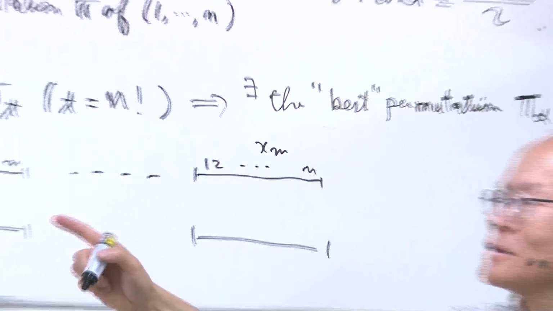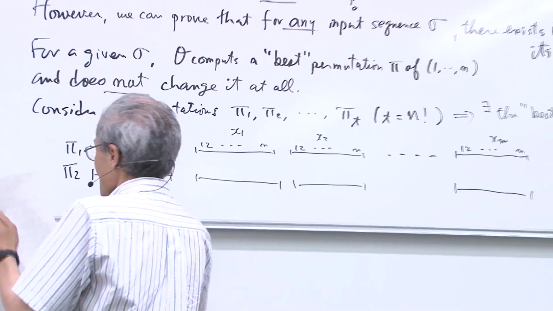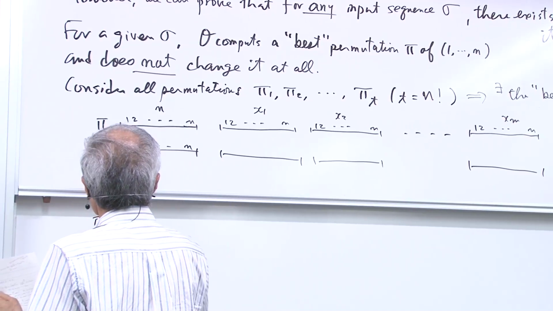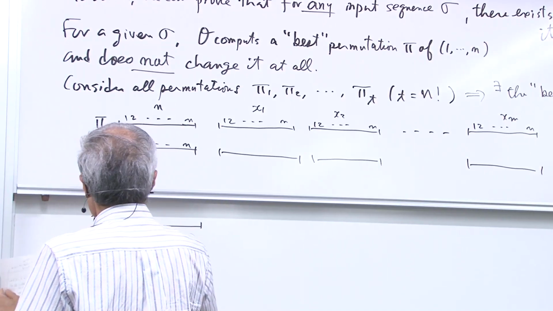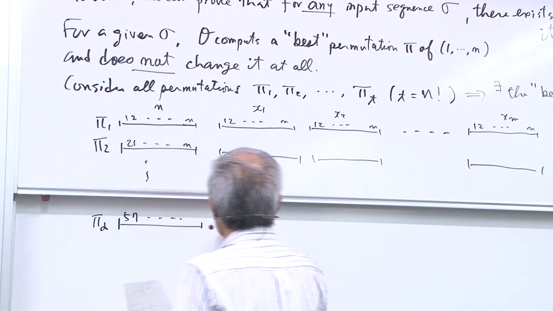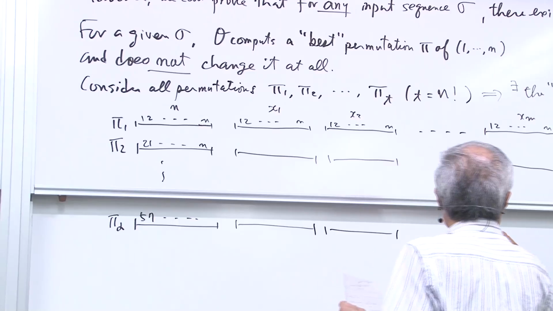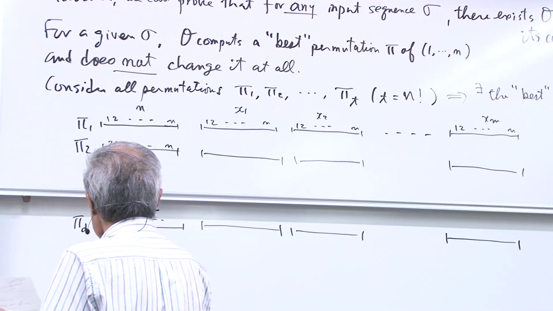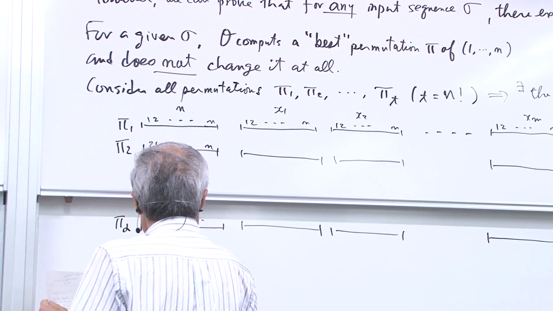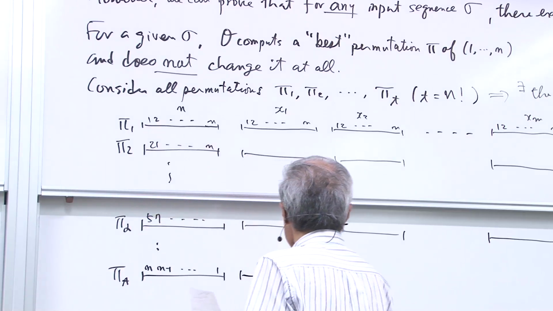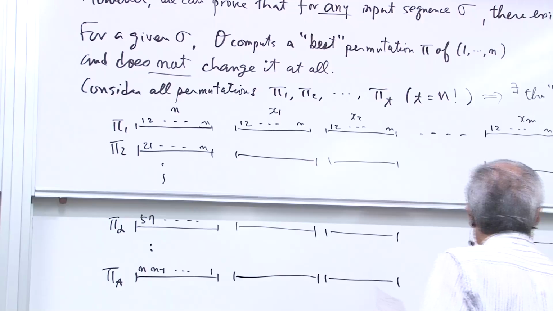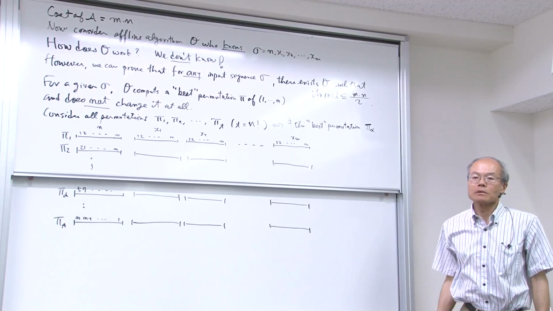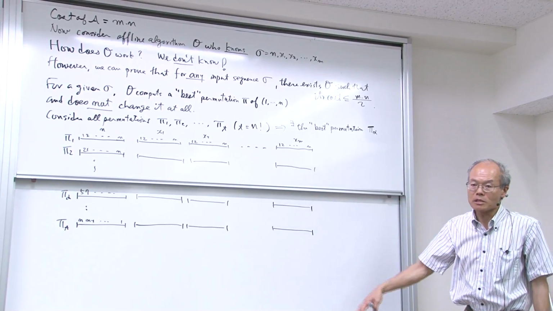Then pi alpha, maybe 5, 7, and pi t. So I just wrote all permutations, t permutations, where t is equal to n factorial.